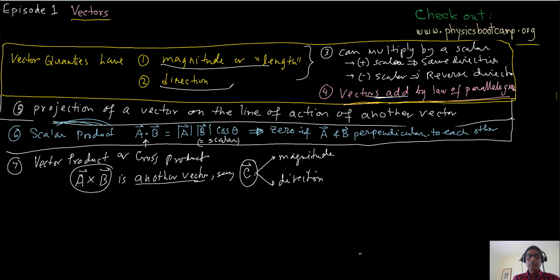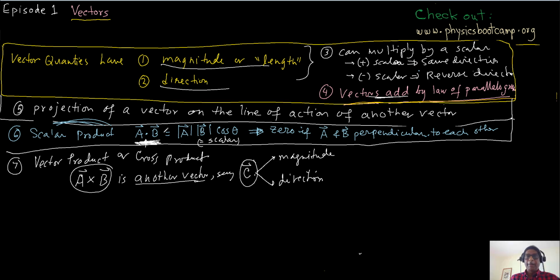Remember that I need to give you both of these things because this is a vector. Over here I didn't need to give you the magnitude and direction. There's only one thing, it's a scalar. Here I need to give you both things.